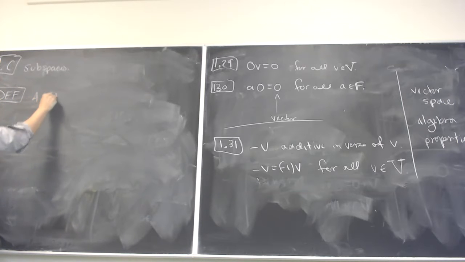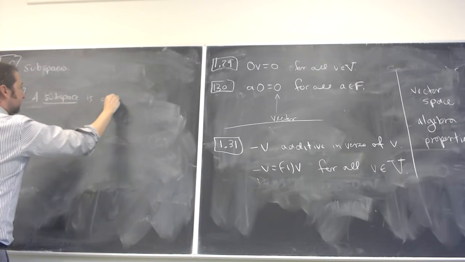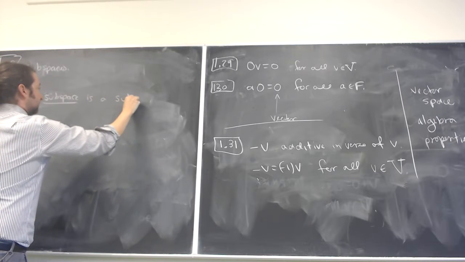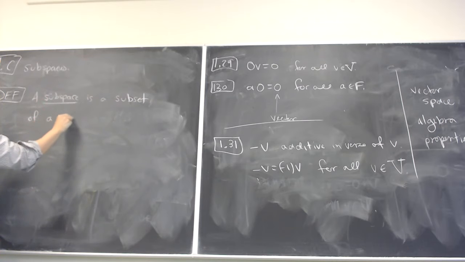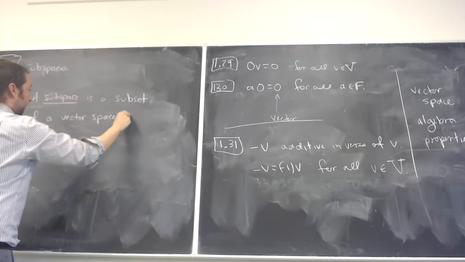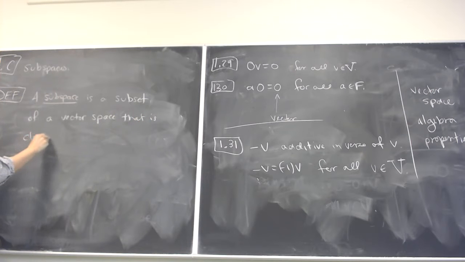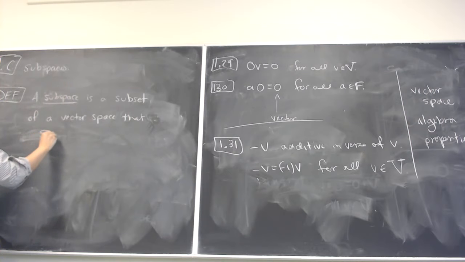A subspace is a subset of a vector space that satisfies three properties.